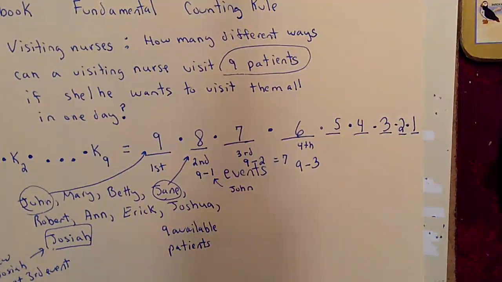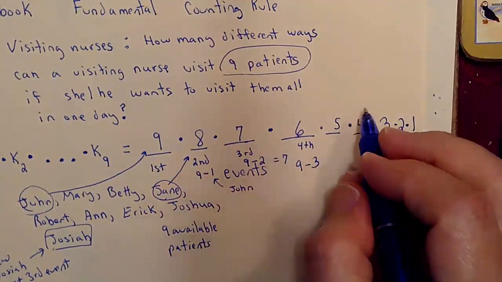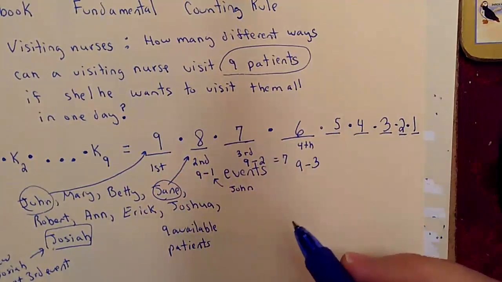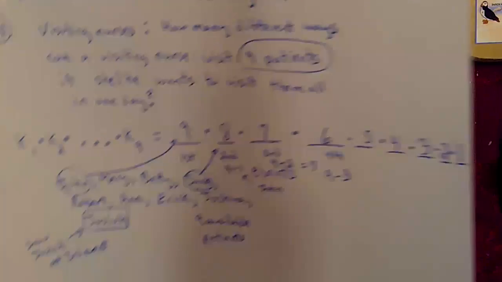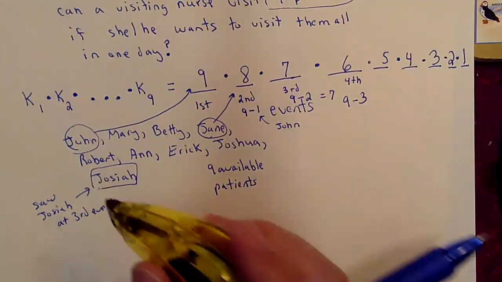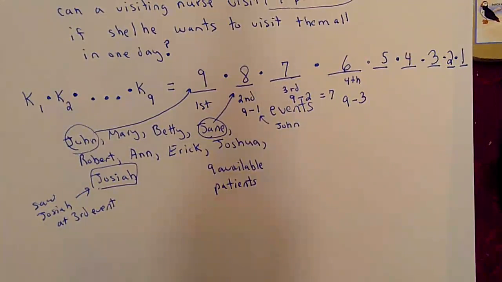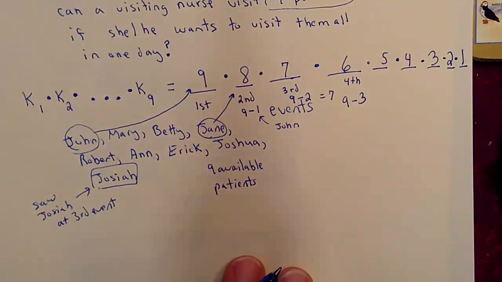So this is first, second, third, fourth visit. I guess you can call them events or outcomes. That's okay. So on the fourth, 9 minus 3.